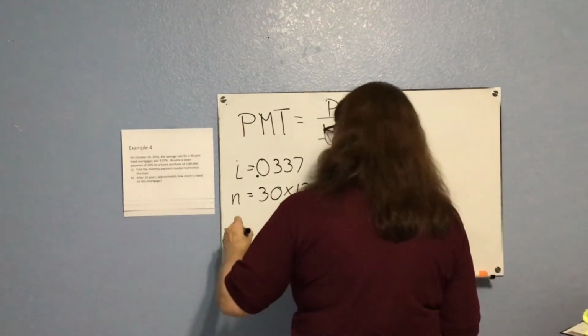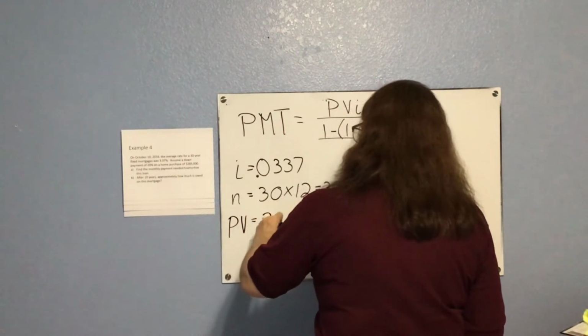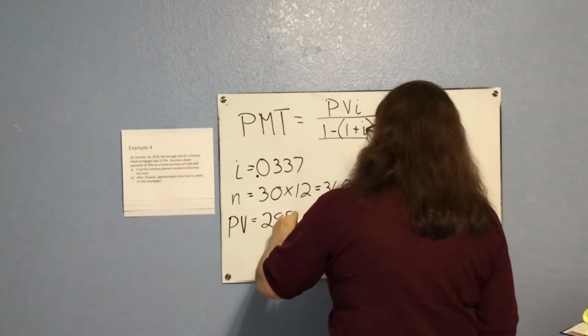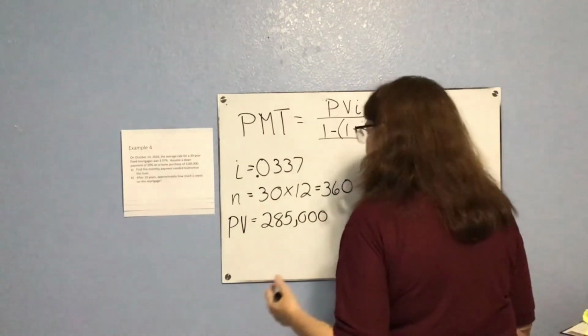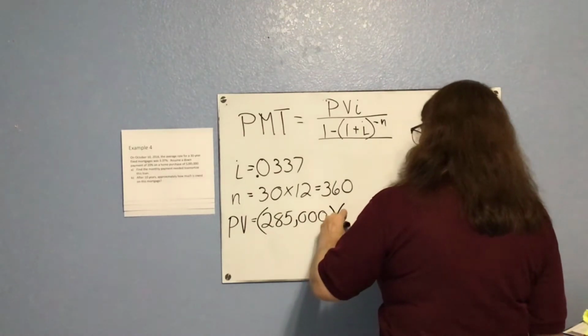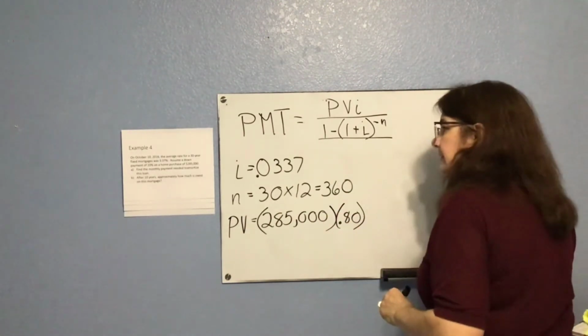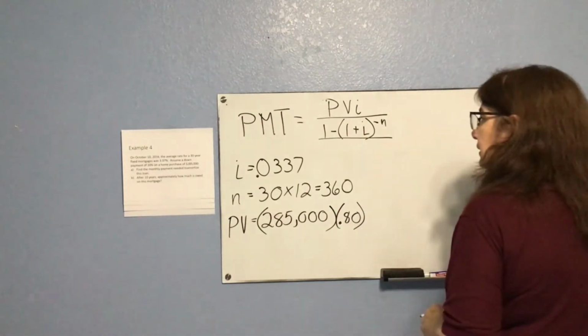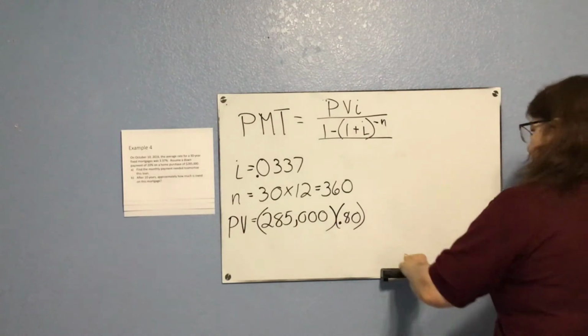And the price of the home was $285,000. But the purchasers paid 20% down, so they're only going to get a mortgage for 80% of the selling price. So we want to find the monthly payment needed to amortize the loan.